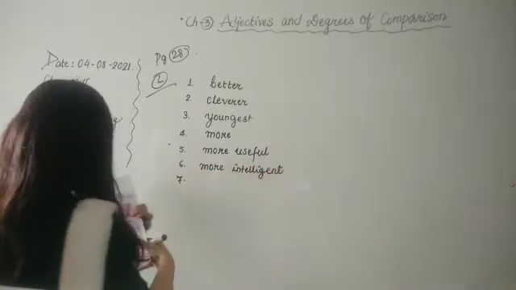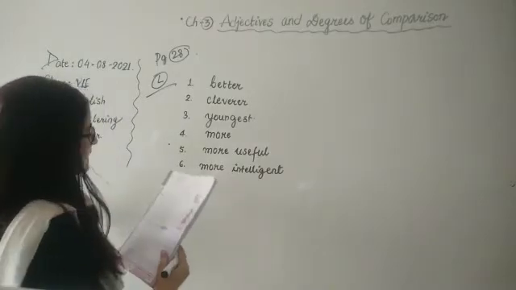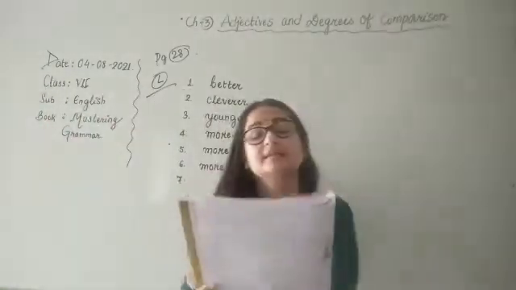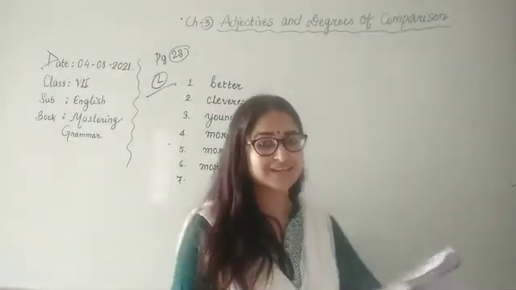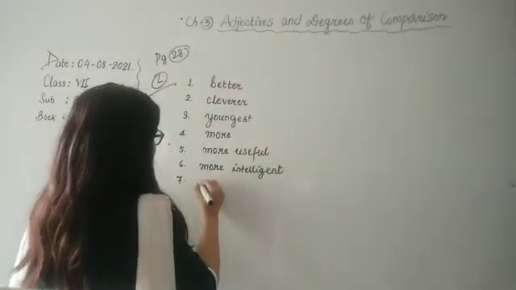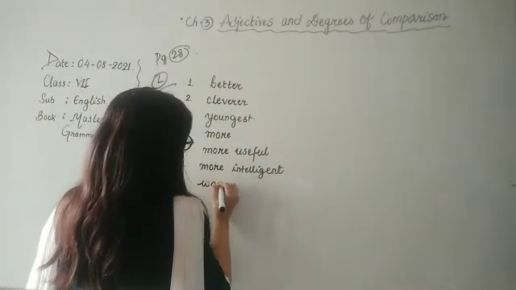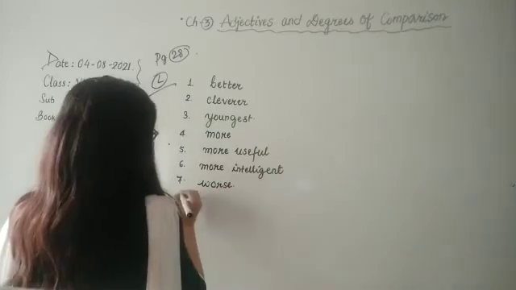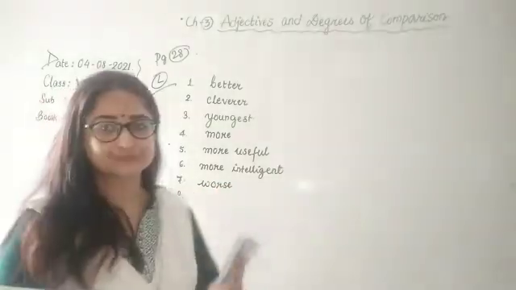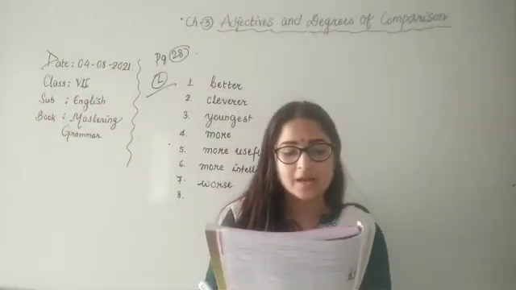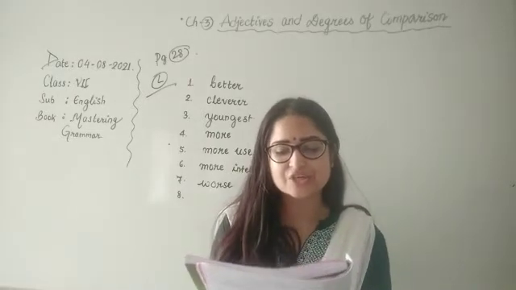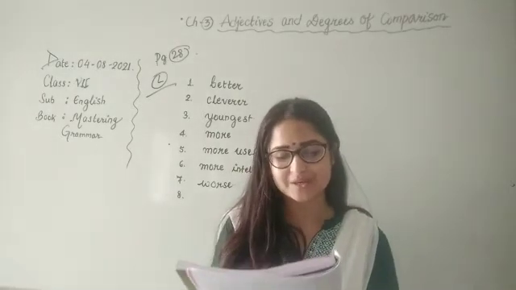Number 7. His health has become dash. Then again it's comparison. So bad, worse, worst. So worse is our comparative degree. Number 8. Sachin scored the dash runs in the tournament. Okay.